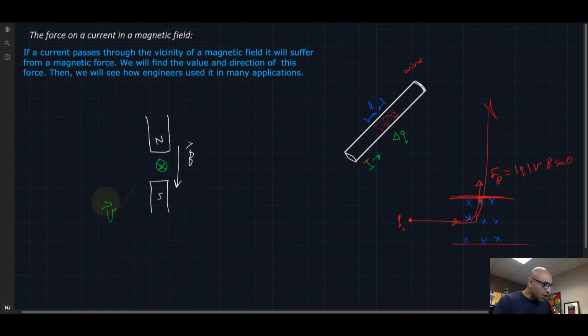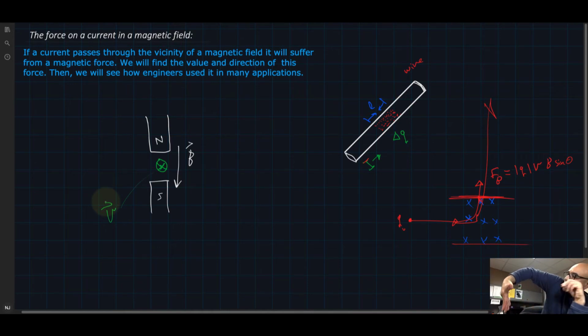Using the right hand rule, again, it's the same right hand rule for the traveling charge. We use this for the direction of the current. So the current is going into the page. This is the thumb, showing it's going inside the page, and the magnetic field direction is down.